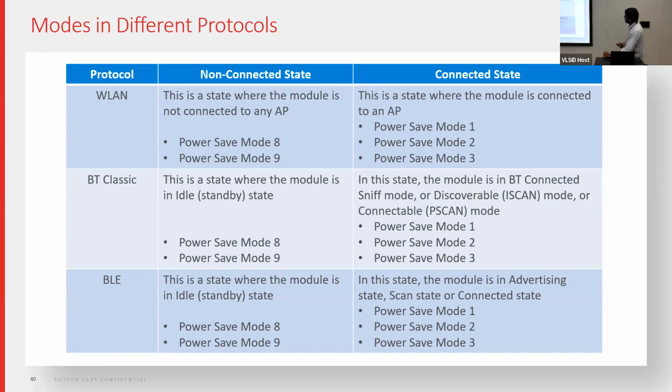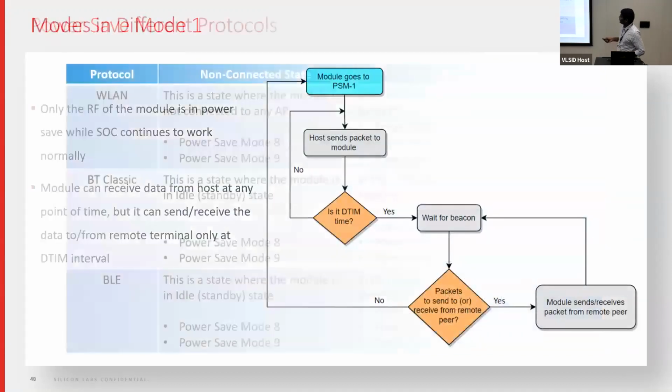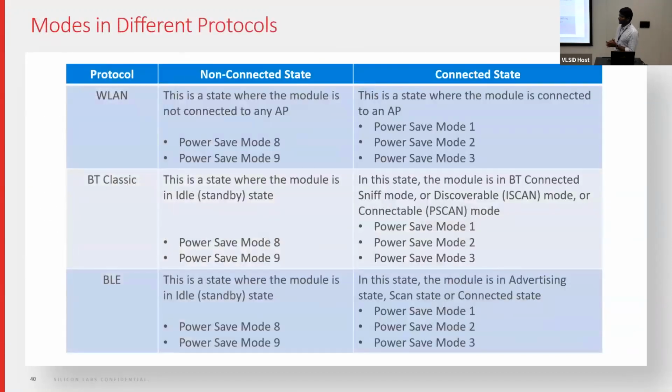When it is in the connected state, like advertising state or scan state, which are considered connected states in BLE, we will use power save mode 1, 2, and 3. These are the typical modes with respect to the protocols, and they help us in getting low power consumption.